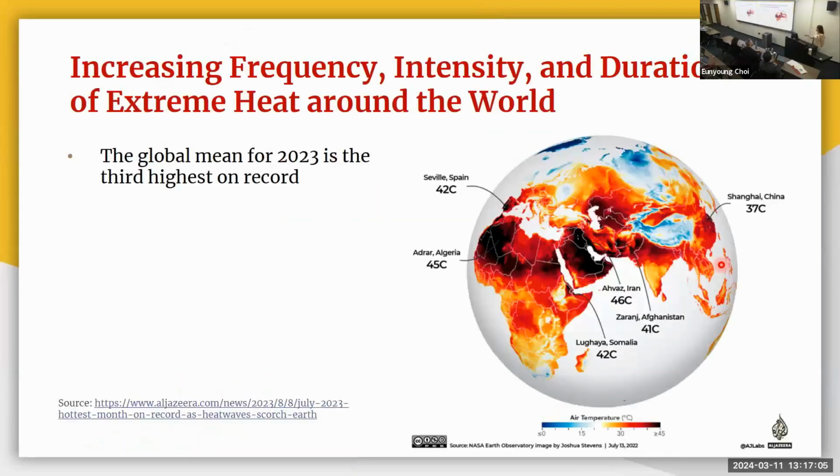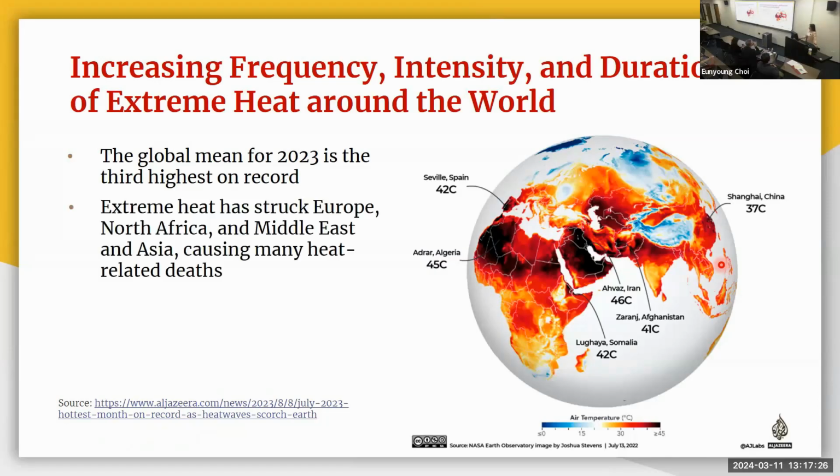To give a little background or motivation for this project, we are all aware of or experience the increasing frequency, intensity, and duration of extreme heat around the world. In fact, 2023's global mean temperature is the third highest on record.